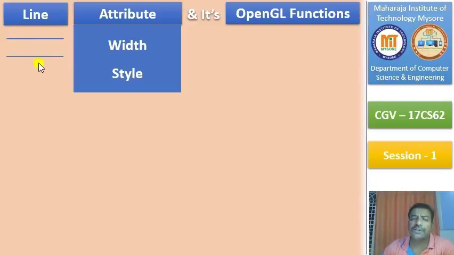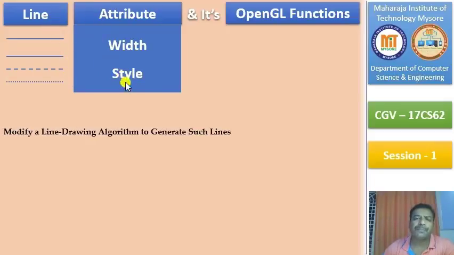If I talk about the style attribute with respect to a line, by default, as we discussed, this was a solid line. We are going to have a dashed line and a dotted line. So there are three different types of style that we can produce as part of the line attribute.